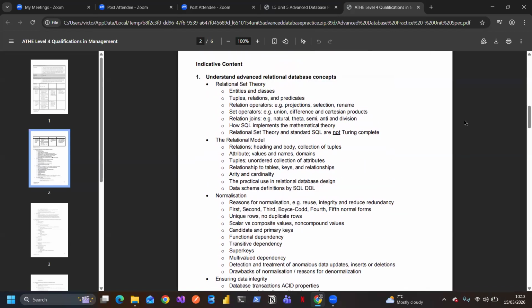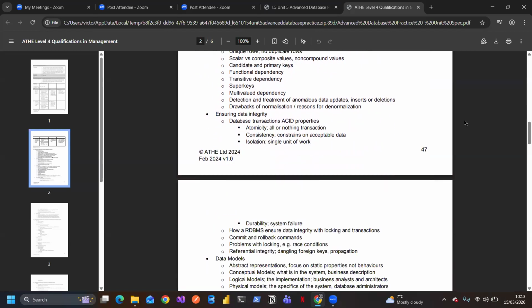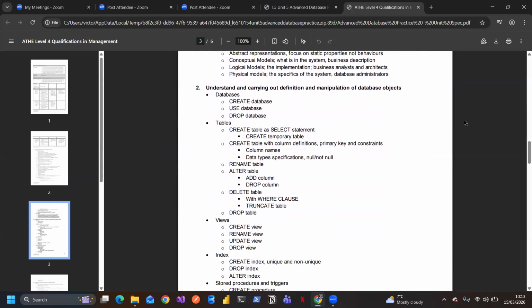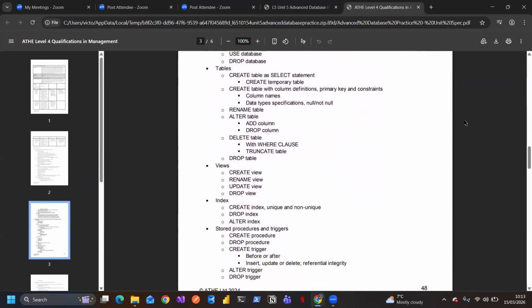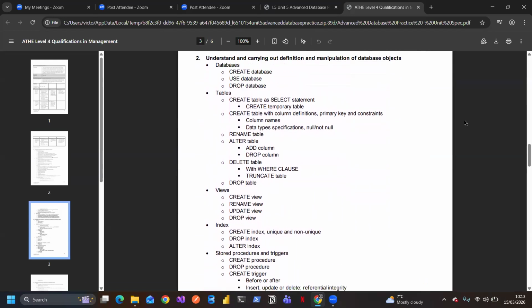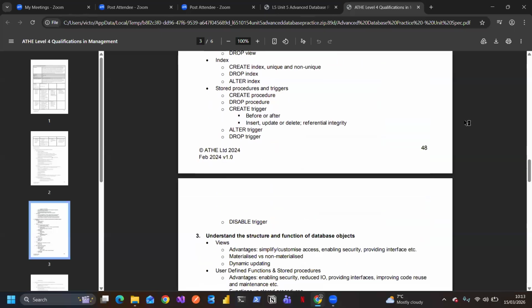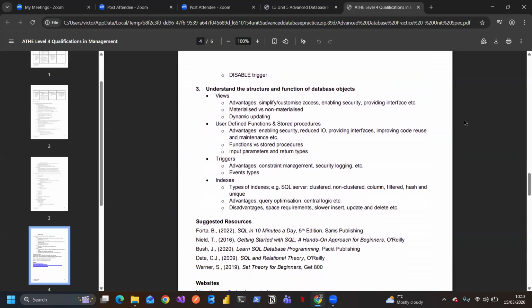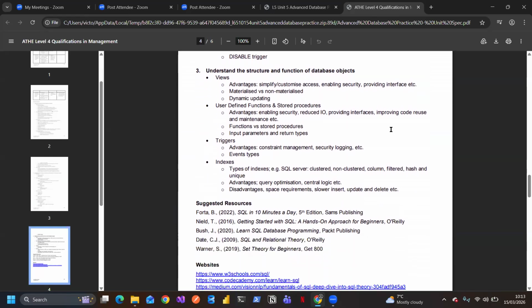So again, understanding advanced relational database concepts, then understanding and carrying out definition and manipulation of database objects by creating databases with tables, views, and implementing queries, and understanding the structure and function of database objects.